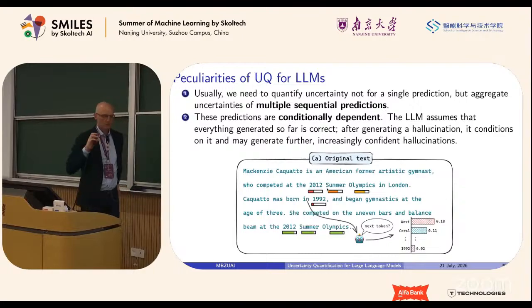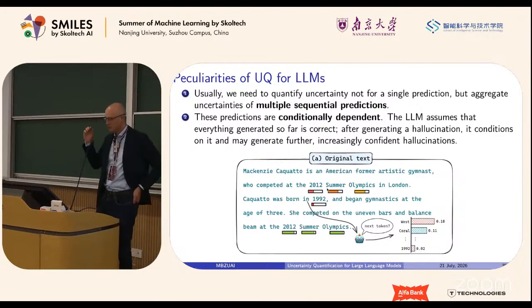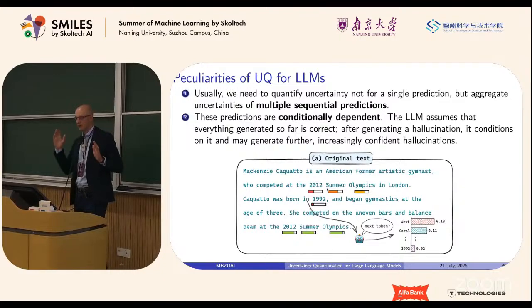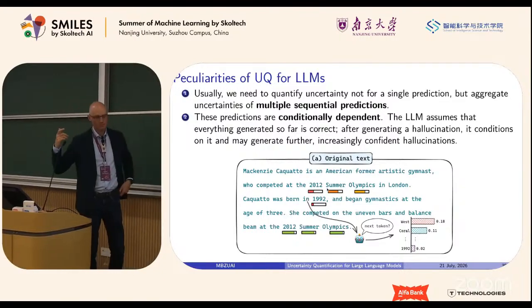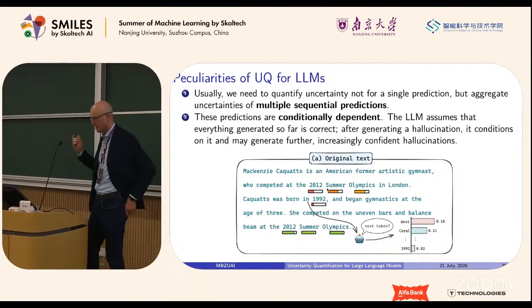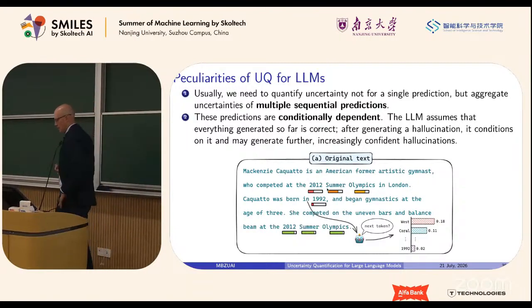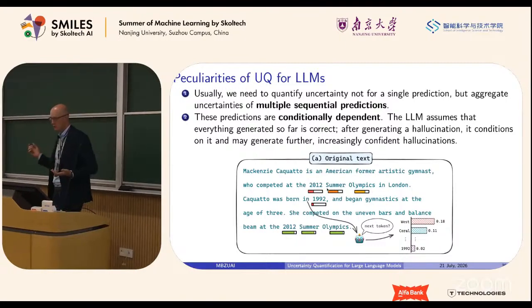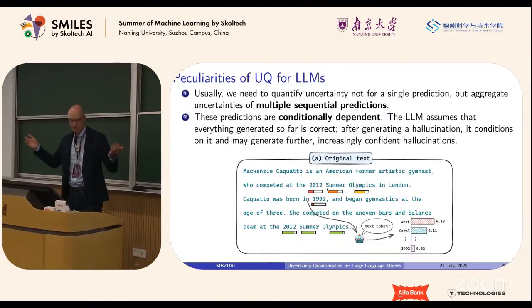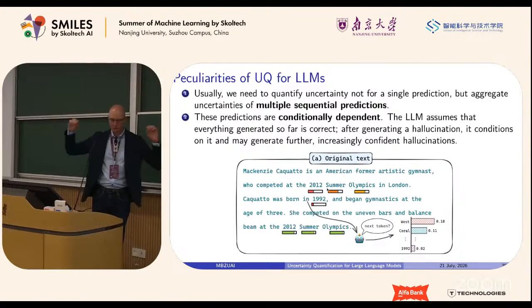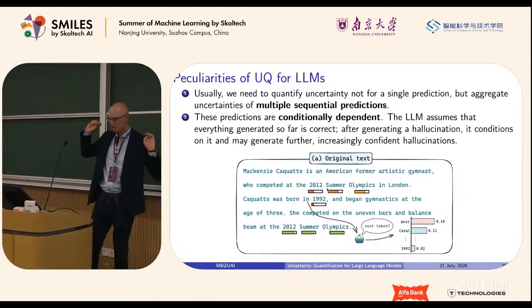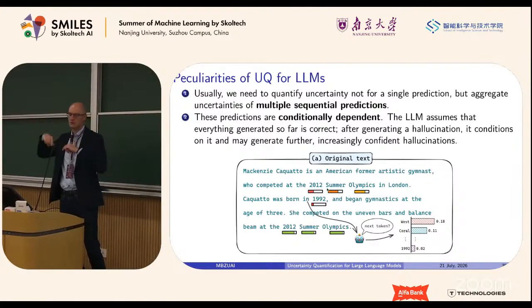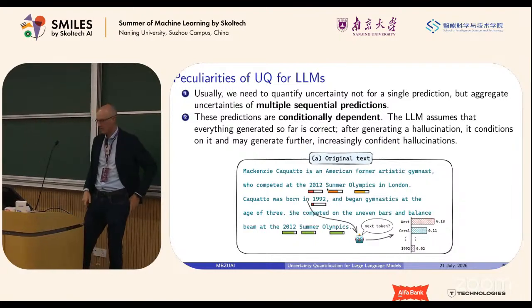When a language model generates text, it assumes that everything generated so far is correct. It comes from its objective function during pre-training. When you're training your language model, you just feed it the whole text, the books, the scientific papers, and the model just needs to reproduce everything that it sees during training.